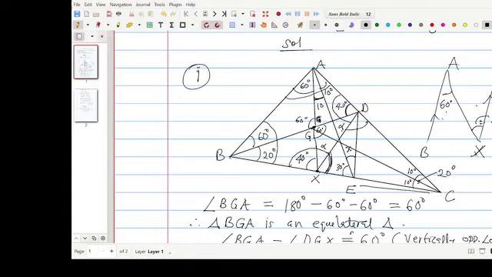Now look at triangle AOC. Can you locate triangle AOC? Are you seeing it? Triangle AOC. In triangle AOC, you discover that the two base angles are equal. And if the base angles are equal, it implies that the triangle AOC is an isosceles triangle. All right. And if it is an isosceles triangle, it means that the length AOX is equal to COX.